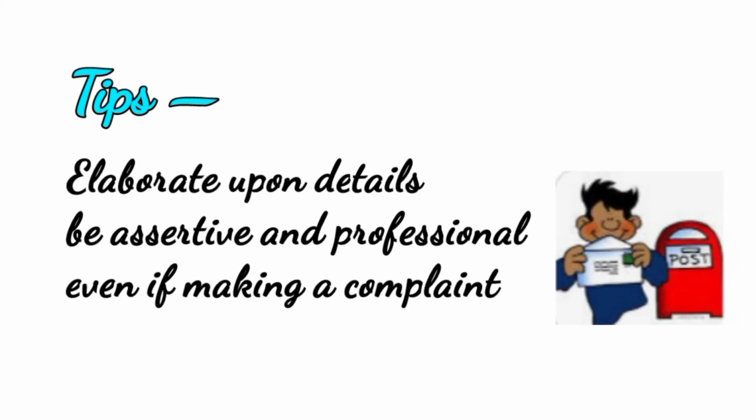The middle part of your letter must be used to elaborate upon those relevant details, after which you can make a request for appropriate action. You need to be assertive and professional and also polite even if you are making a complaint.